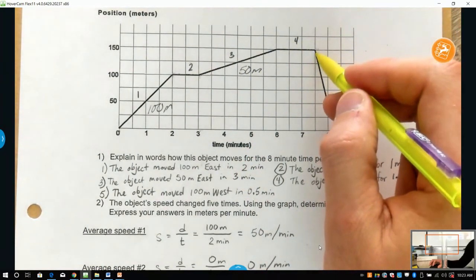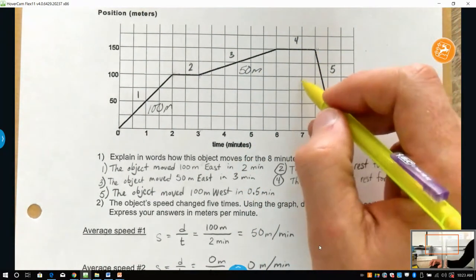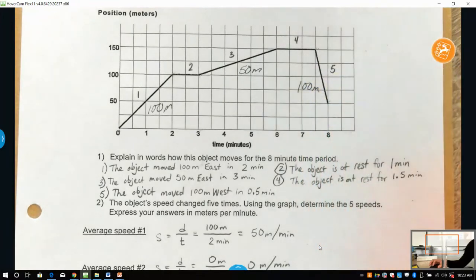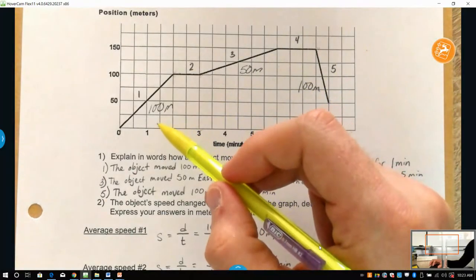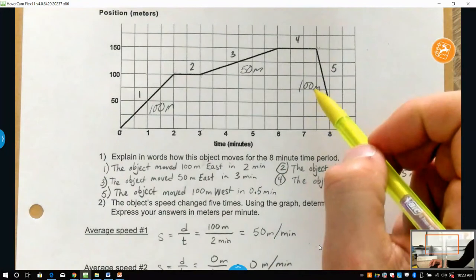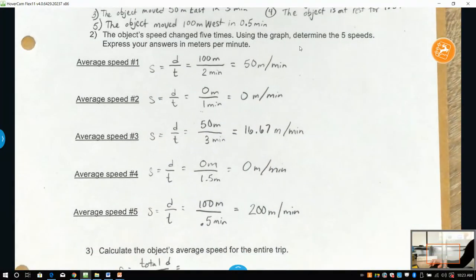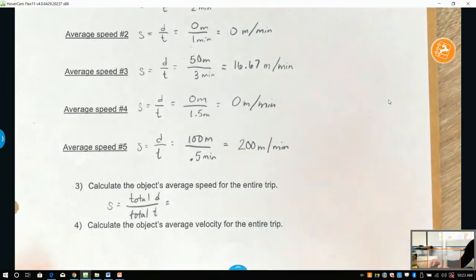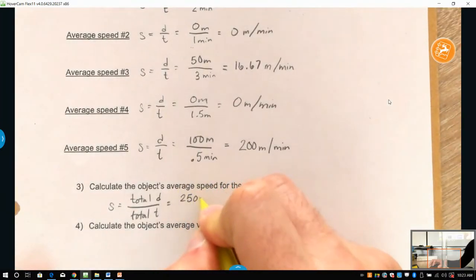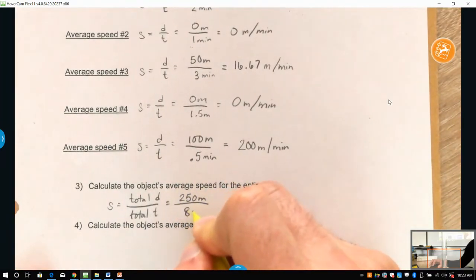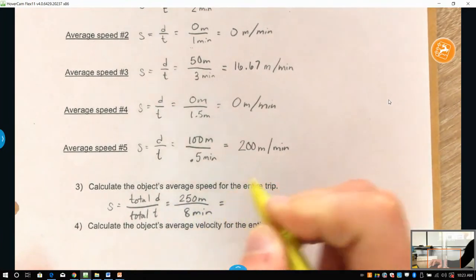Didn't move, and then here we went from 150 meters to 50. So that's 100 meters worth of distance at each arrow. So the total distance would be 100 plus 100 plus 50. So we would have a total distance of 250 meters, and 8 minutes is the total time.